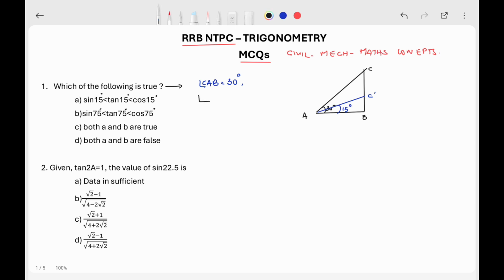Angle C dash AB, let us say 15 degrees. This diagram I have given for you to understand geometrically what is the meaning of 15 degrees.